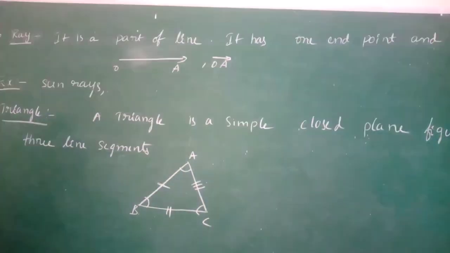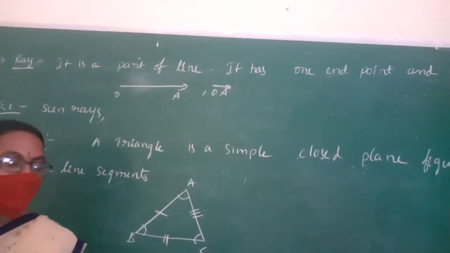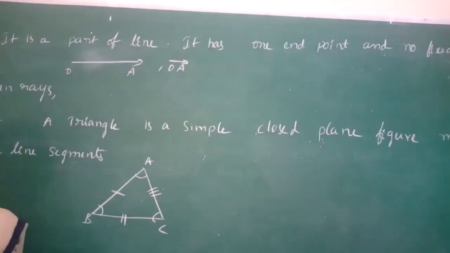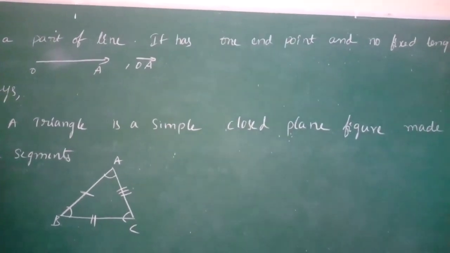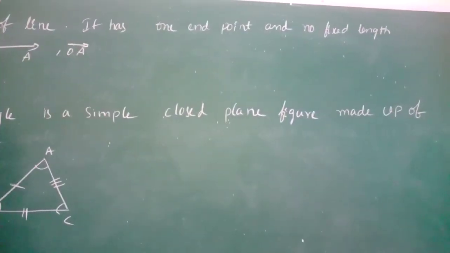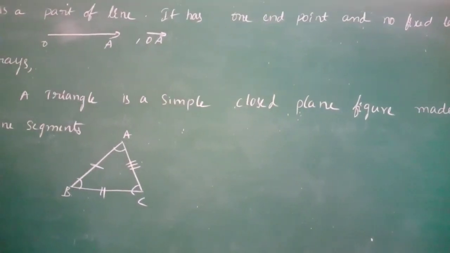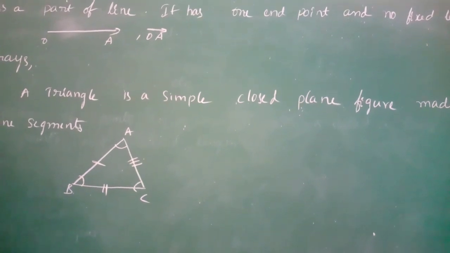So today our topic is construction of quadrilaterals. It is very similar to our 7th class textbook topic, construction of triangles. So children, all of you put the heading construction of quadrilaterals.